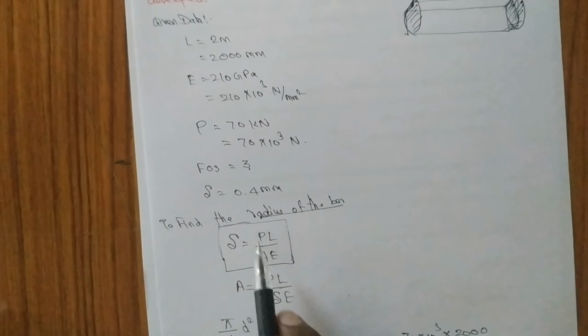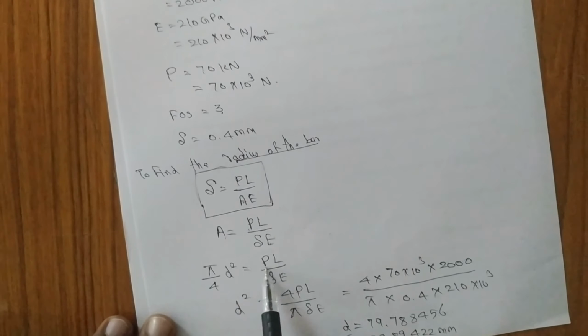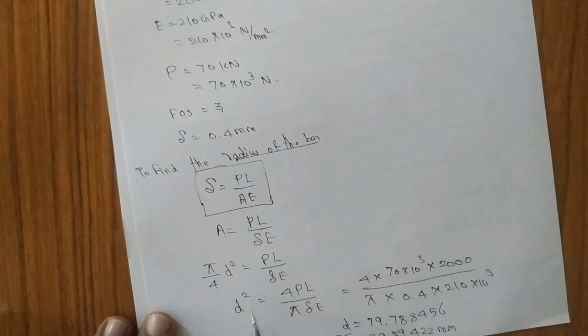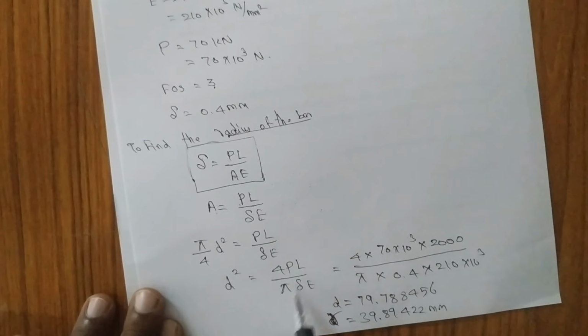From this we identify A, keeping P and L, so area is pi by 4 d square equal to PL by delta E. Substituting this, we get the diameter and divide by 2 to get the radius.